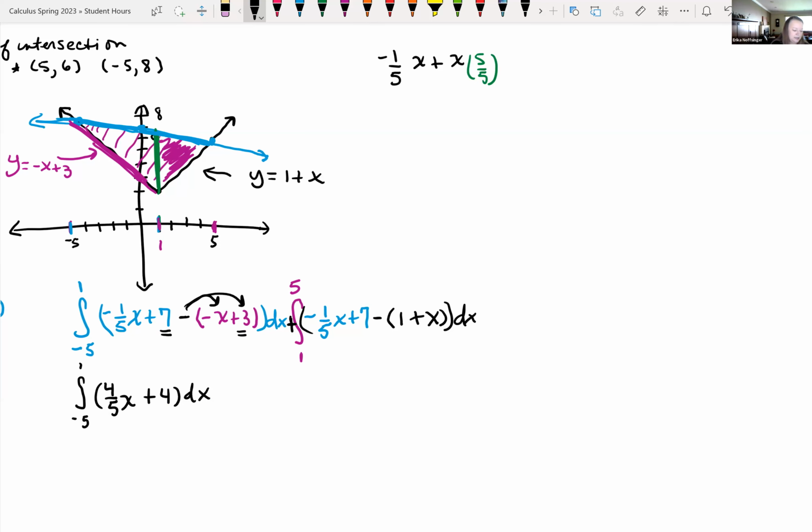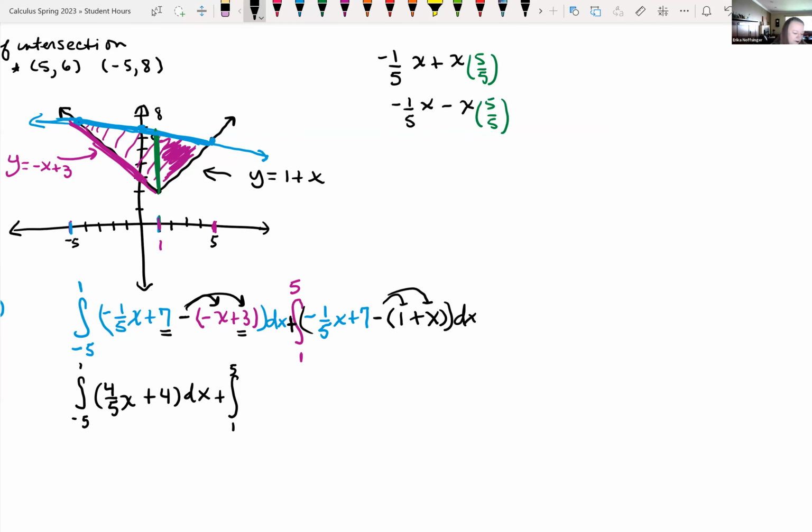And let's simplify the other one. So if we distributed our negative 1, we technically have a negative 1/5 x, and our other x term is going to be a minus x. So again, common denominator, so we can write this as one term. I have a negative 5/5 x minus a 1/5 x is a negative 6/5 x.